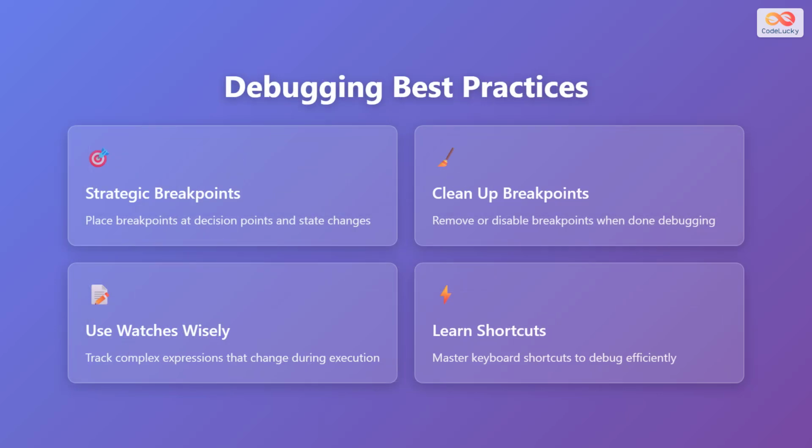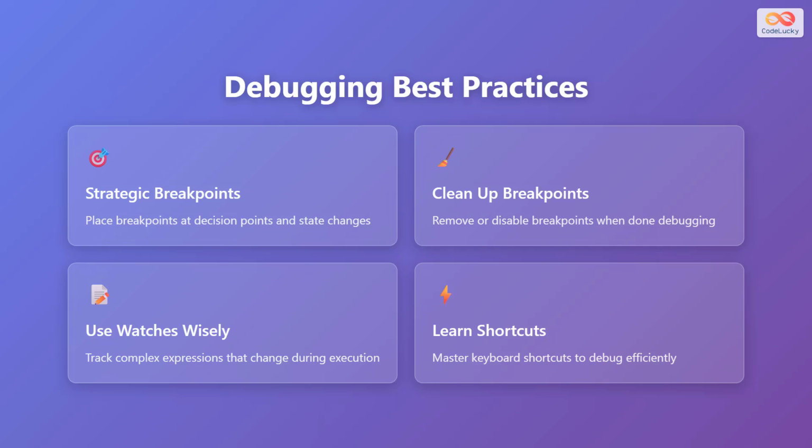Let's wrap up with some best practices for effective debugging. First, use strategic breakpoints. Instead of scattering breakpoints everywhere, place them at decision points and state changes where bugs are most likely to occur. Second, clean up your breakpoints when you're done debugging. Leaving old breakpoints in your code can slow down future debugging sessions and cause confusion. Third, use watches wisely.